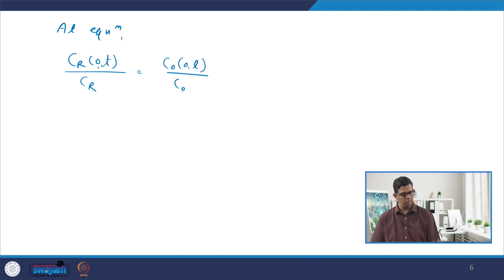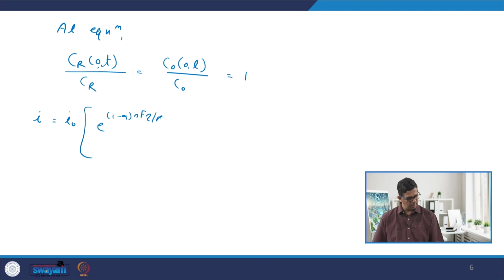I can write it for the reduced species or the oxidized species, and that ratio is 1. So, how does it look in the case of the Butler-Volmer equation? The Butler-Volmer equation reduces to this form: e to the power (1 minus alpha) n F eta by RT minus e to the power minus alpha n F eta by RT. The ratio has been nullified.